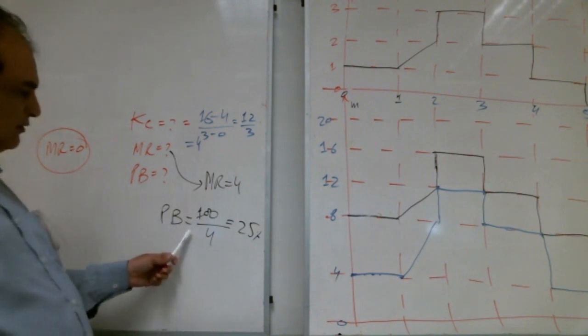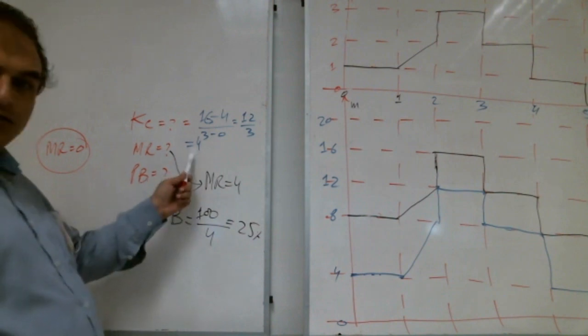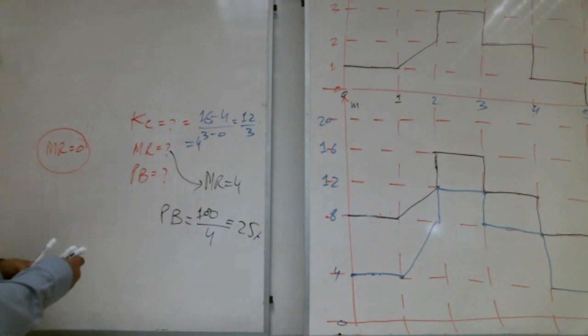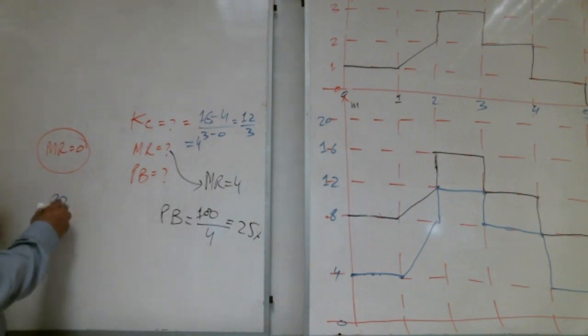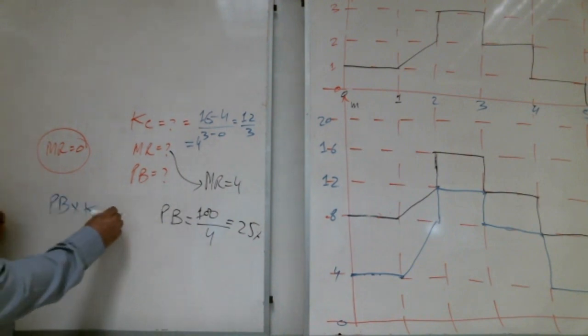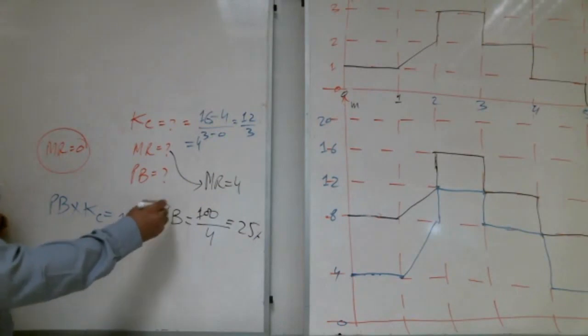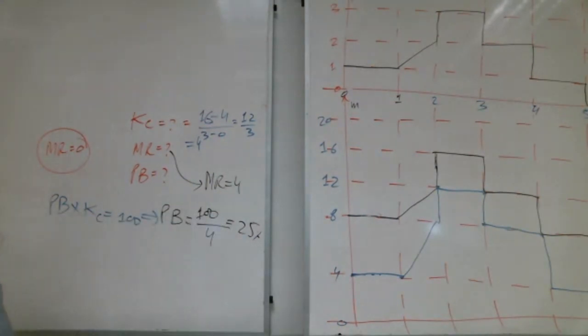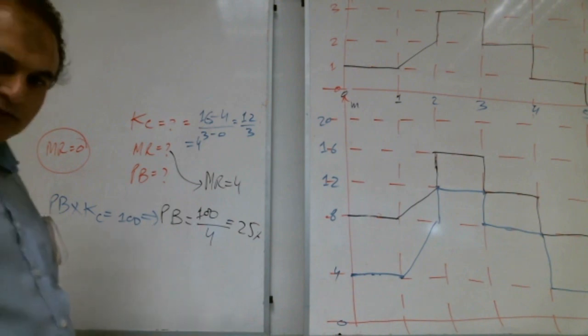See here. What is the gain? 4. So what is the formula for the proportional band? PB is equal to 100 over gain. So PB is 100 over 4. That is 25%. Clear? Yes, clear, teacher.